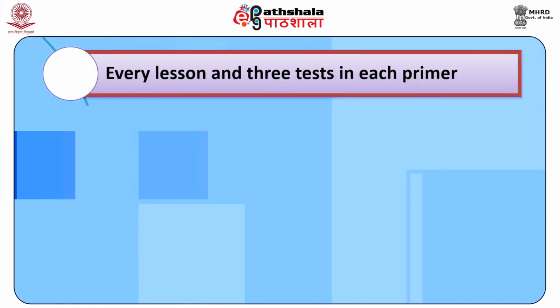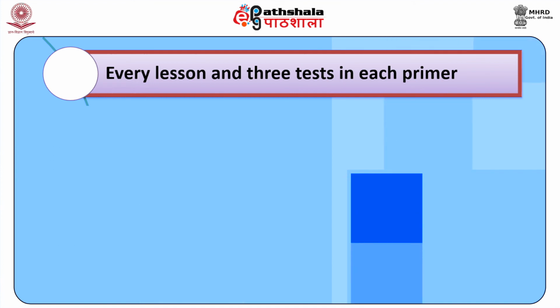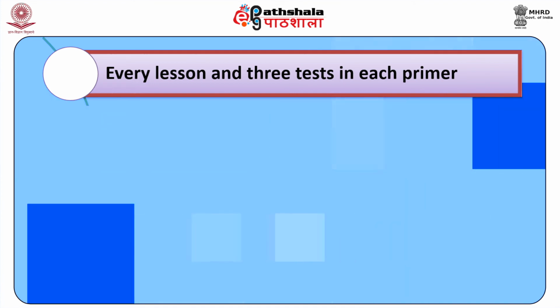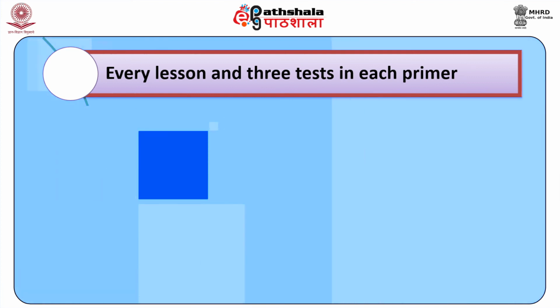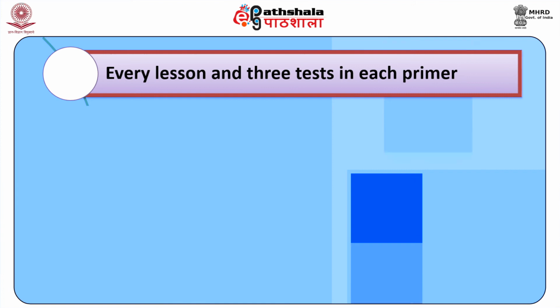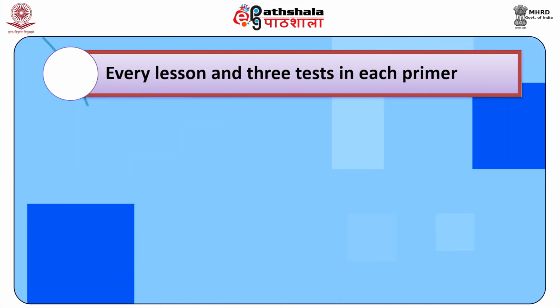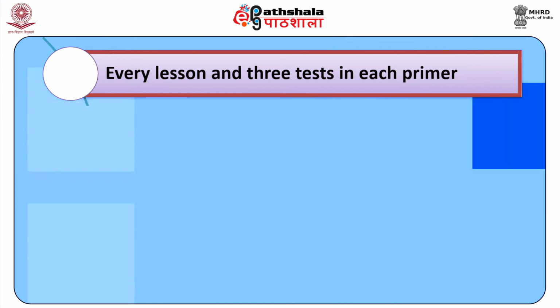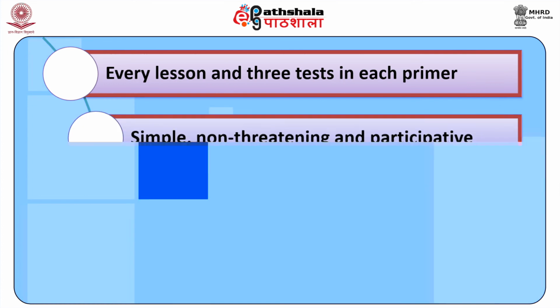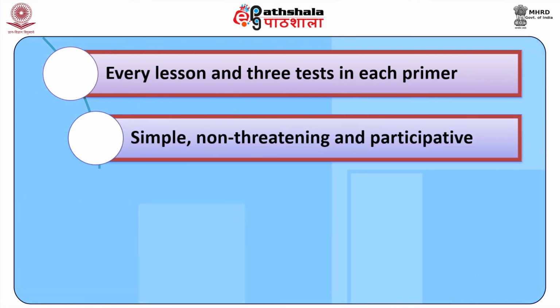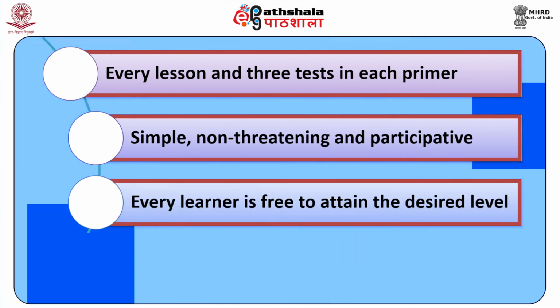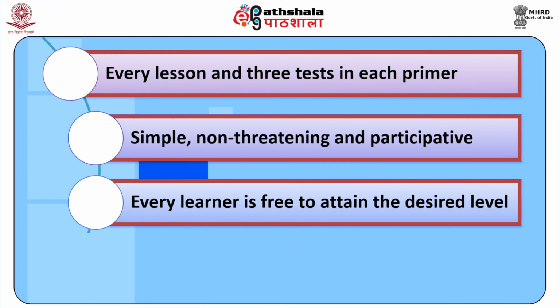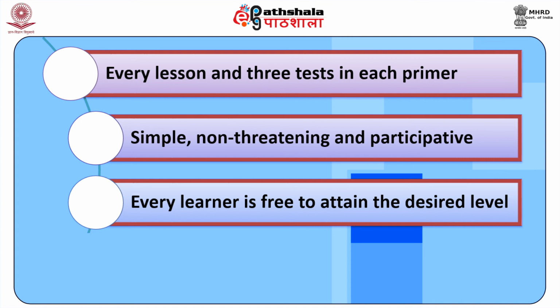There are exercises at the end of every lesson and 3 tests in each primer. The entire exercise is based on the principle of self-evaluation and confidence rather than competition-oriented evaluation. The tests are intended to be simple, non-threatening, and participative. Every learner is free to attain the desired level according to his or her leisure and convenience.